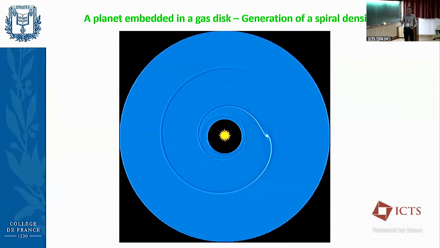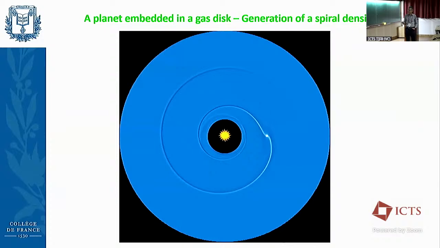You see here that the color is bright white, which means higher gas density. This is what we call a spiral density wave. And the generation of this wave is what drives the migration of the planet, in general towards the star.